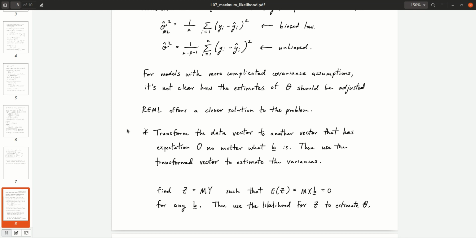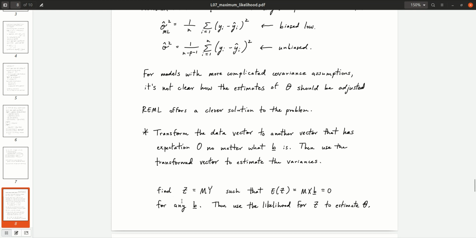So you just take your data vector, do a linear transformation, and you pick a specific linear transformation so that the expected value of the transformed vector is 0 no matter what b is. This is convenient because now we can use this transformed vector to estimate variance parameters, and we never had to actually estimate what the regression coefficients were, which we do at the end.